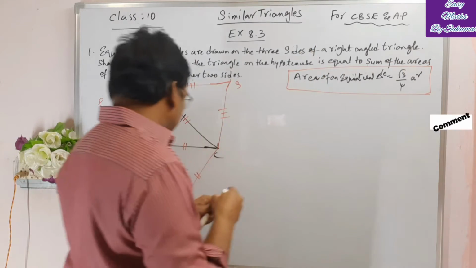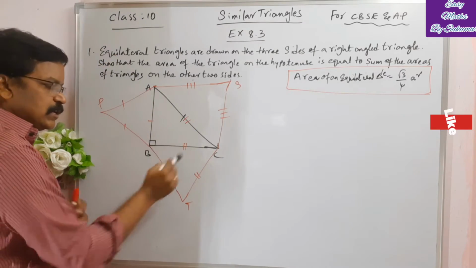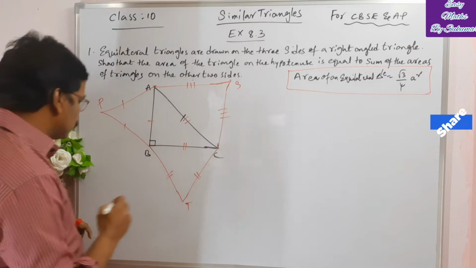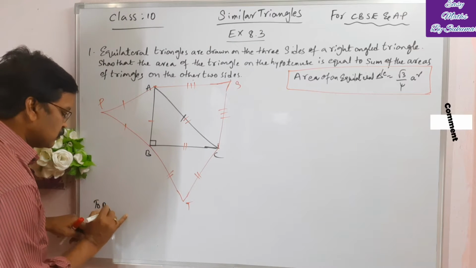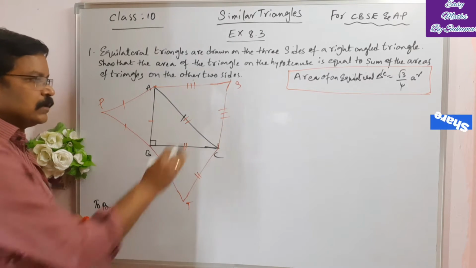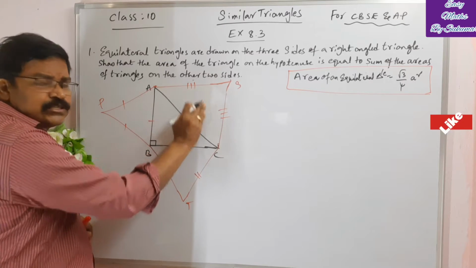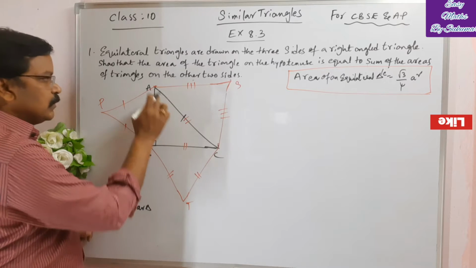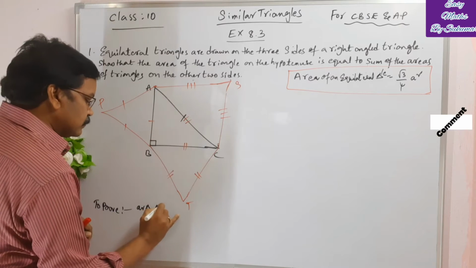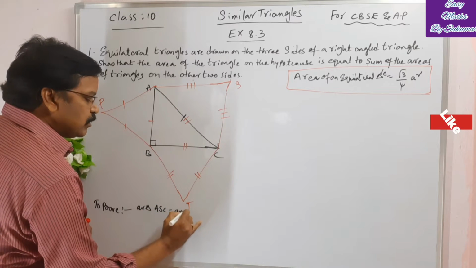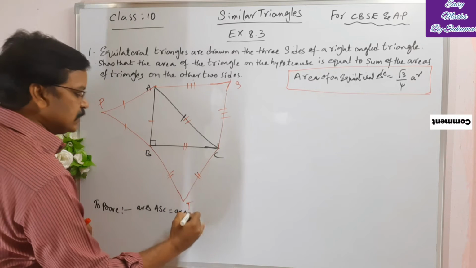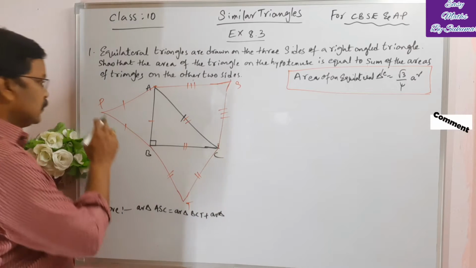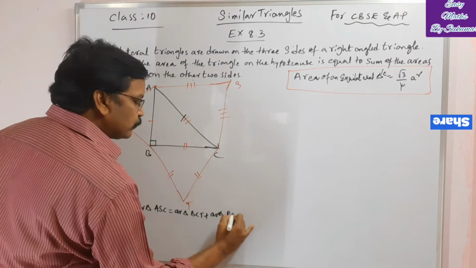Coming to these three triangles, what we have to prove here? To prove: area of triangle ASC is equal to area of triangle BCT plus area of triangle PAB.